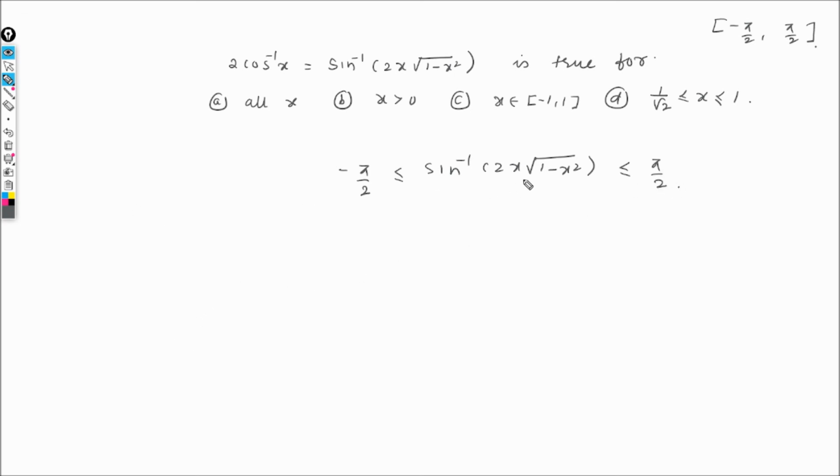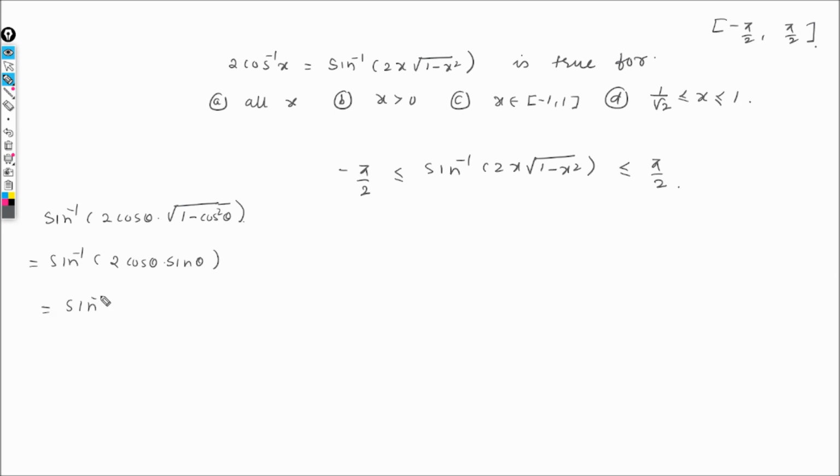So here I can write sin inverse of, let us put x is equal to cos theta, 2 cos theta into under square root 1 minus cos square theta. Okay. It is sin inverse of 2 cos theta into sin theta.